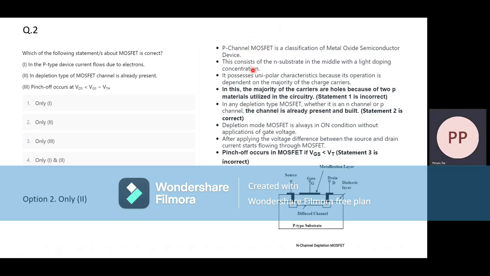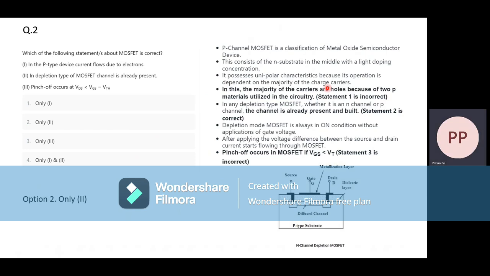Next, it consists of the substrate in the middle with a light doping concentration, right? Then it possesses unipolar characteristics. It's not like the transistor with the PN junction. It has unipolar characteristics because its operation is dependent on the majority charge carrier.